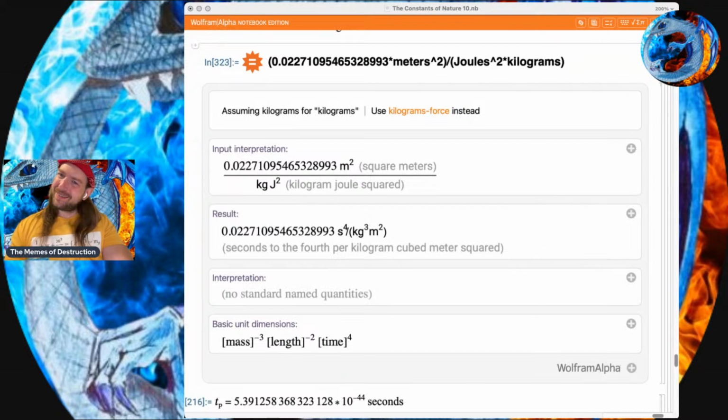Oh, wait a second. Is that meters divided by moles or molar volume? Well, let's try this. Let's try meters cubed molar.